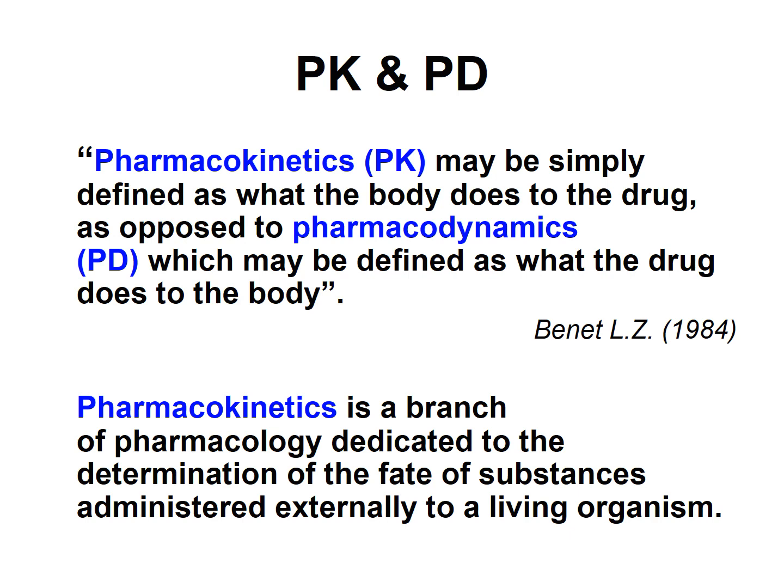So, pharmacokinetics is the branch of pharmacology that is dedicated to the determination of the fate of substances that are administered externally to some kind of living organism, such as human body.